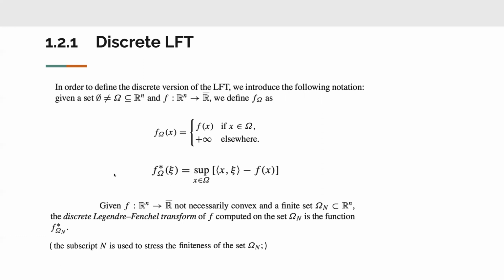Now, since we are interested in computing the LFT numerically, the case in which omega is finite is particularly important. So we consider this finite set omega_n, which is again a subset of R^n. Computing the LFT of the function f on the set omega_n is called the discrete LFT. That's what we are going to use going forth. And here the subscript n is used to stress the finiteness of the set omega_n.